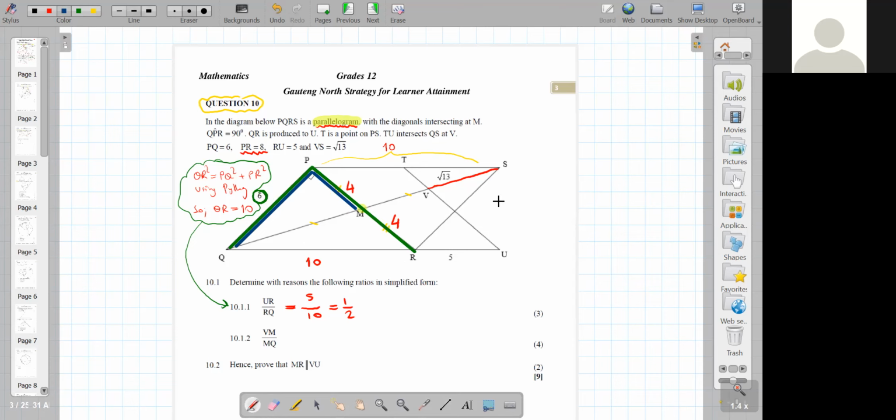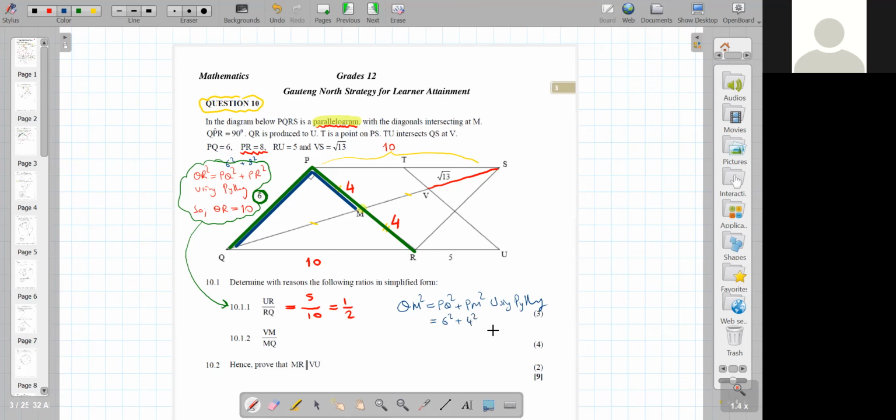Okay, so what is the length of QM? So QM square this time is PQ square plus PM square. It's again using Pythag. So that's what I need for this second question. You see, the previous one, it was 6 square plus 8 square. But here, it's going to be 6 square plus 4 square.